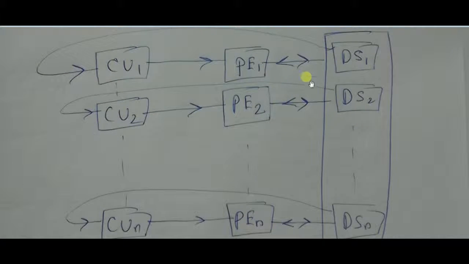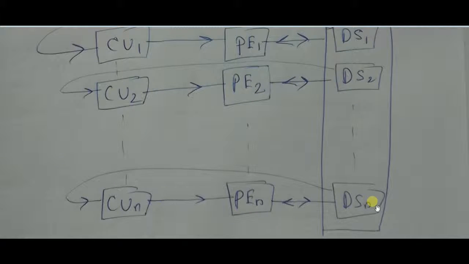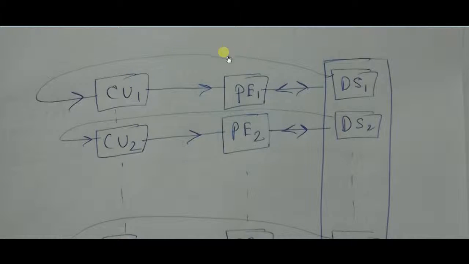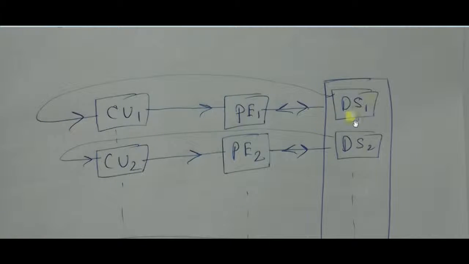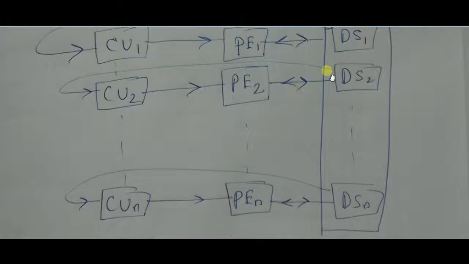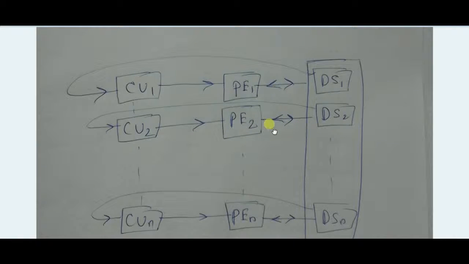Then the same thing: DS2, CU2, PE2, and DSN, CUN, PEN. Data flows in this way from the particular data set to the CU, then to the PE. So this whole thing is one block you can think of. Okay, let's not discuss all this.